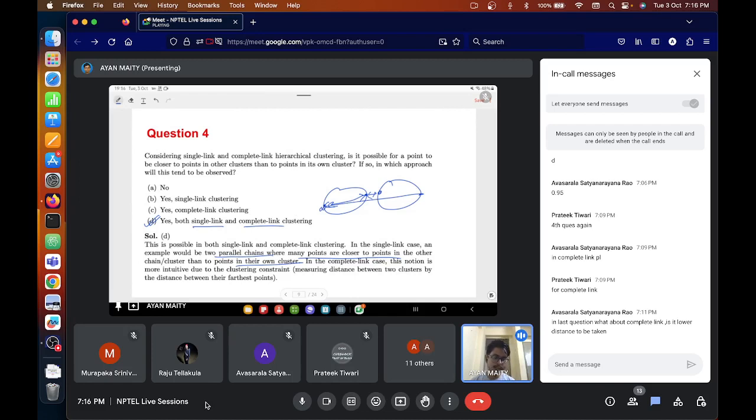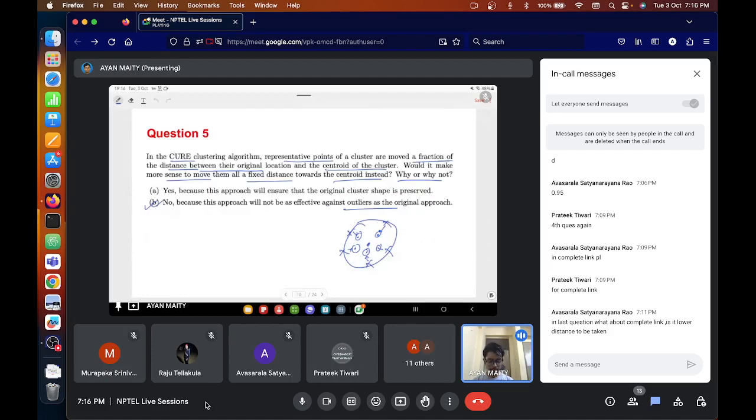Satyanarayan Rao says, in the last question, what about complete link? Is it lower distance to be taken? So in case of single link, we merge the two clusters by finding out the two closest points or two similar points.